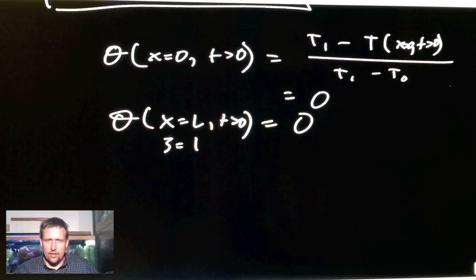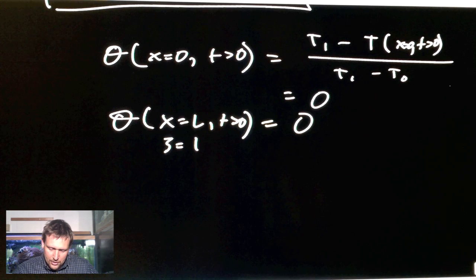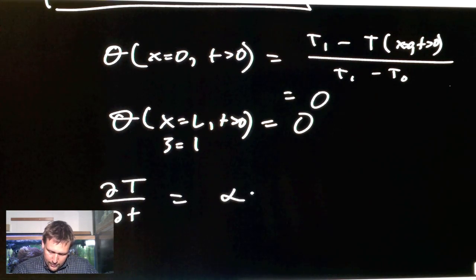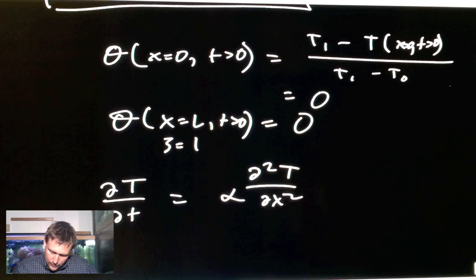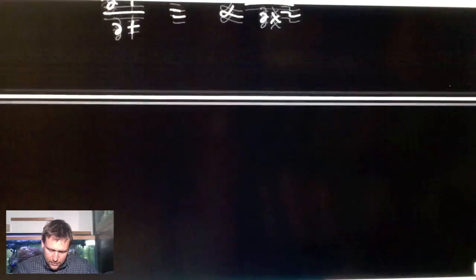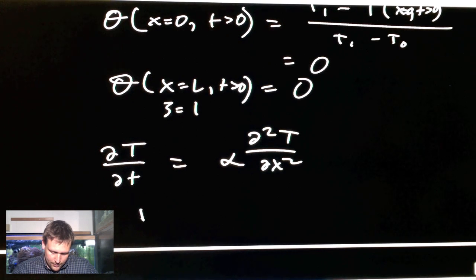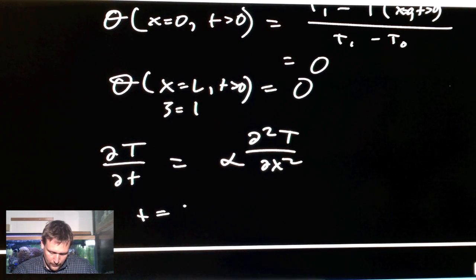So let's substitute in all of our scaling parameters and see what the resulting equation is. We're going to start with our equation, del temperature del time equals alpha del squared temperature del x squared. First, we have time equal to L squared by alpha times tau.